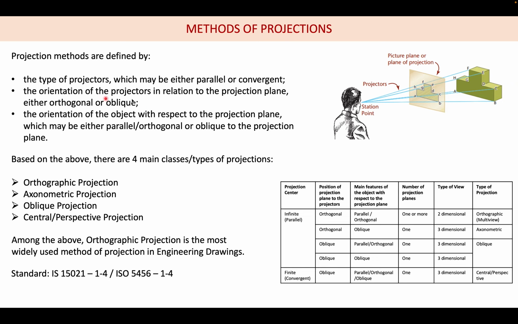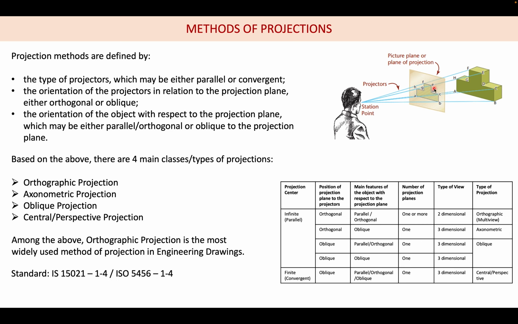The second point is the orientation of the projectors in relation to the projection plane. It can be either orthogonal or oblique. Which means, are the projectors parallel to the plane, or are they intersecting at some angle? Can anybody say, are they orthogonal or oblique?